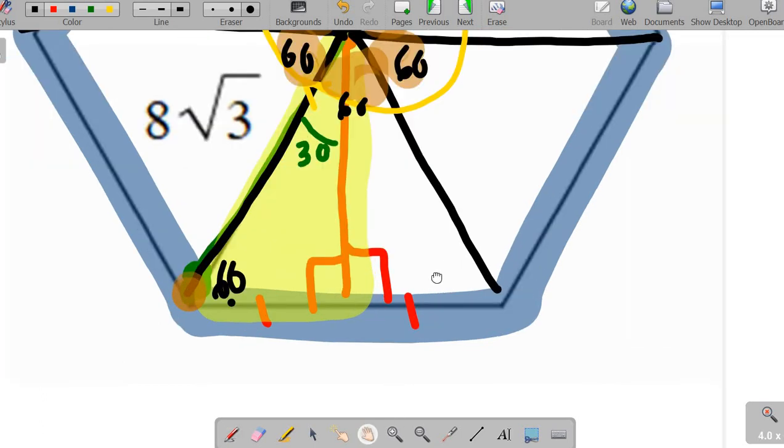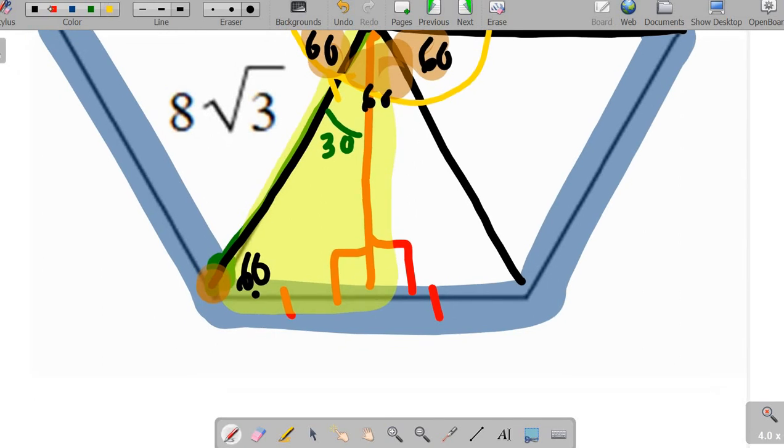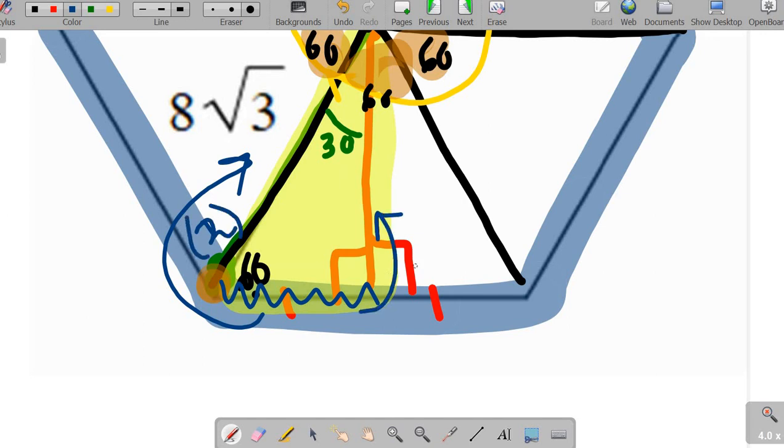Now, if this wasn't 30, 60, 90, you're going to be using SOHCAHTOA. But here's your 30, 60, 90 here. Our short leg. Short leg to long leg, you times by root 3. Short leg to hypotenuse, times by 2. So something times 2 is 8 root 3. That means our short leg here is 4 root 3. Times root 3 again, that means this is 12.